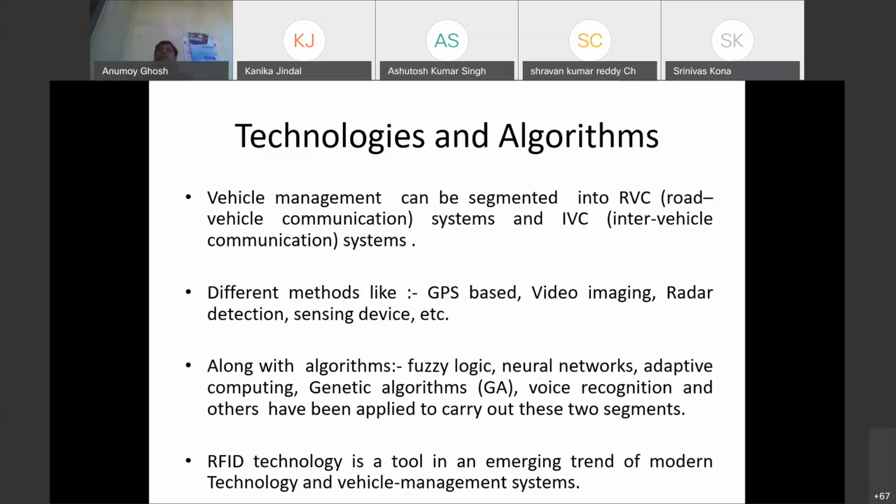If two cars are in very close proximity, GPS cannot identify them separately. That is a minute drawback of GPS: if two things are very close to each other, GPS will think of them as a single entity. So the GPS based method for traffic management is not a very intelligent thing.